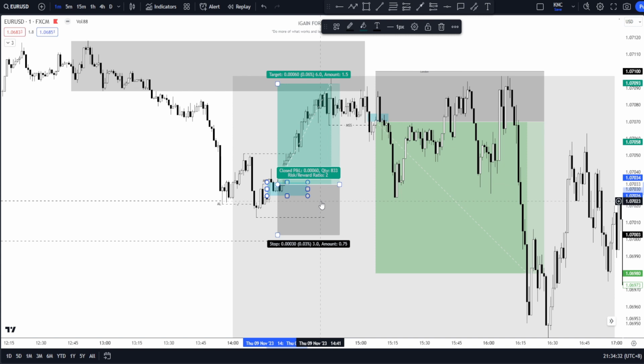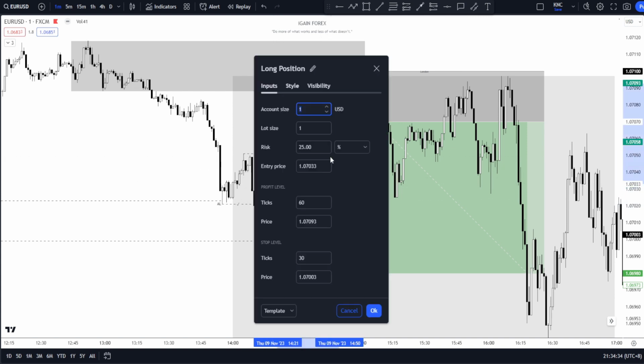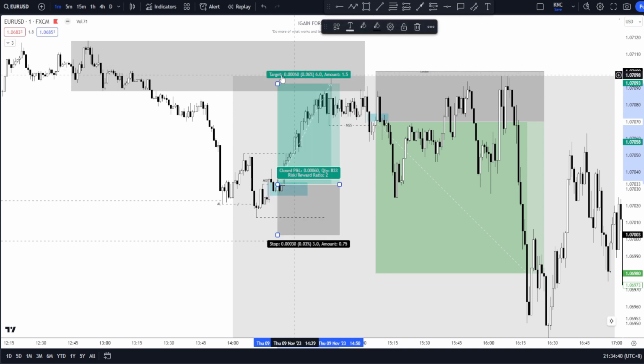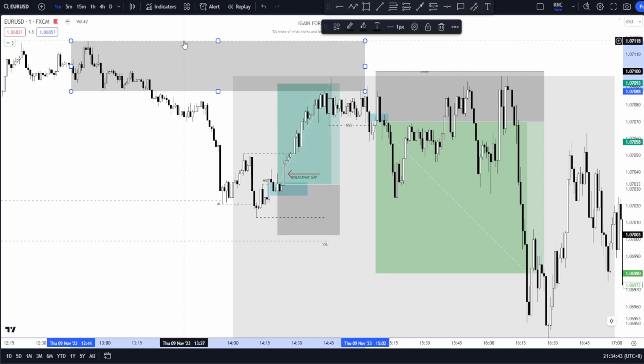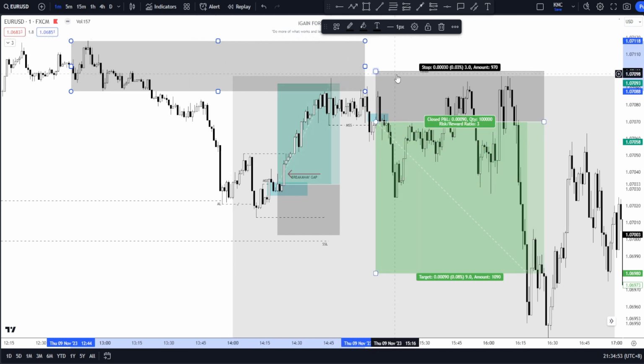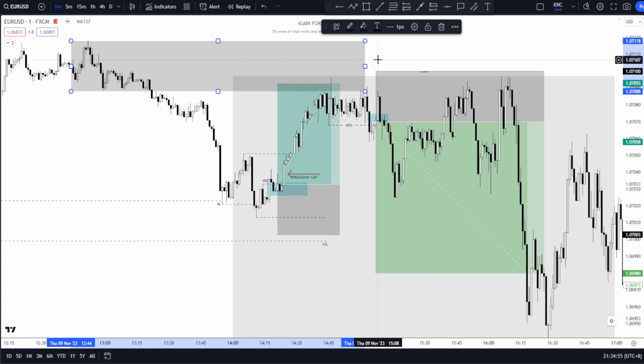So I took my entry at this point, 3 pips stop loss and a target of just 1:2, since I have this higher time frame supply. It might have a possible reaction on this 15 minutes since we have a daily bias going short.